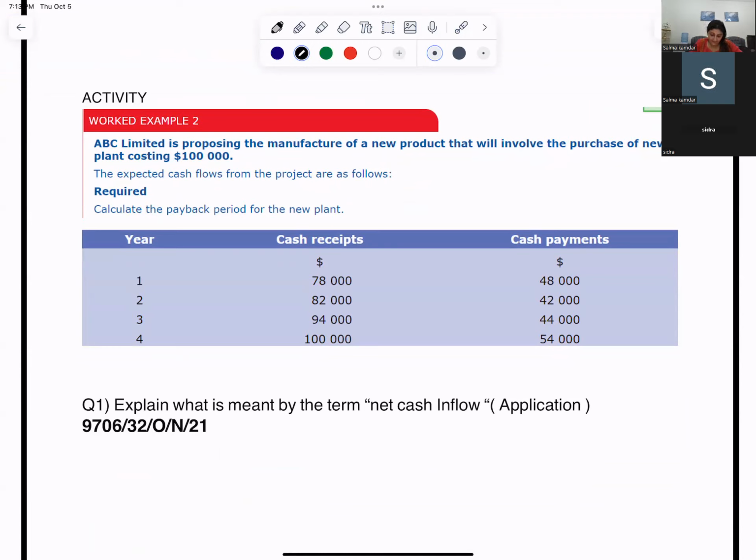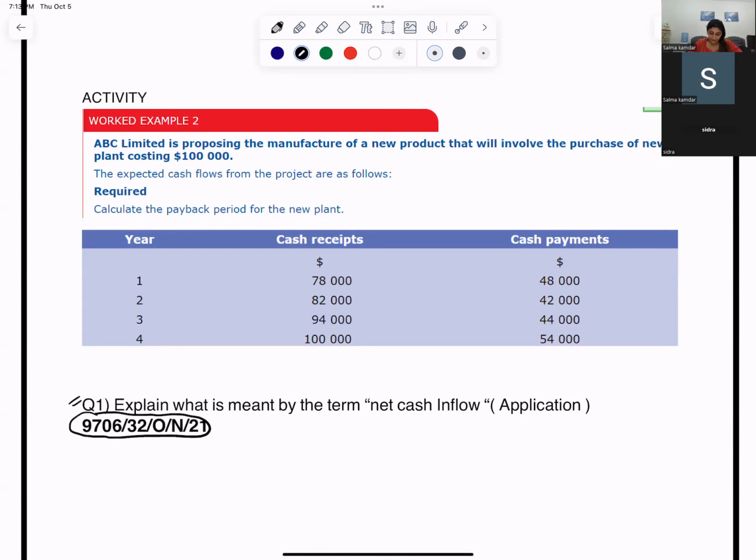Okay. Let's answer the first question. This is a past paper question of October, November 21, paper 32. Can you tell me what do you understand by the term net cash flow? Net cash flow is the total cash inflow minus total cash outflow.